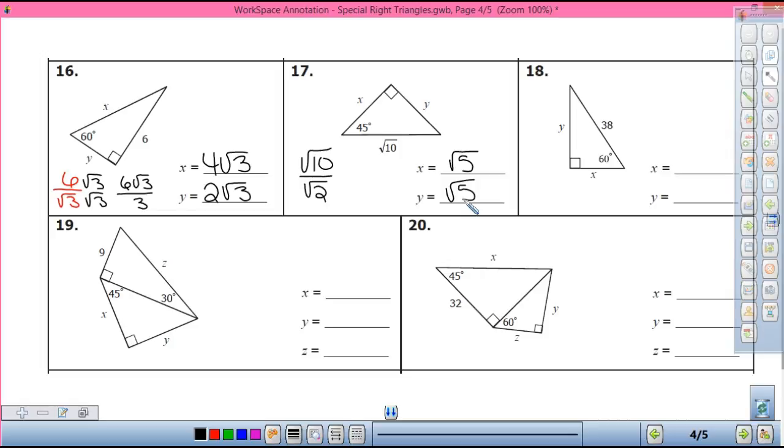Okay, and 18, I'm given the hypotenuse. So hypotenuse to short leg, I get 19. Short leg to long leg. So 19 root 3.